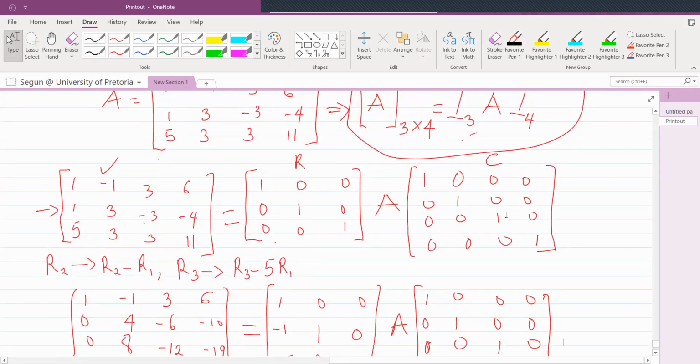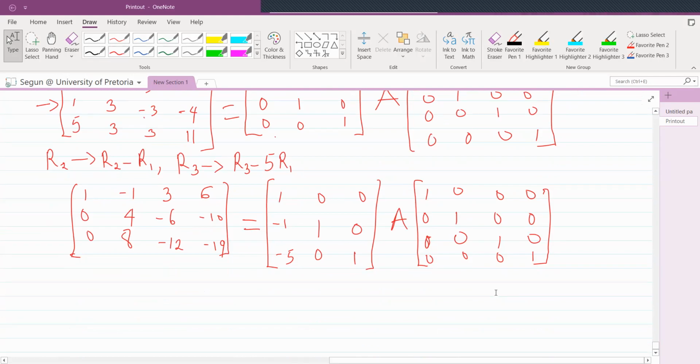Now, let's look at the question. Remember, we need to perform column operations. Which of the columns do we need to deal with? Remember our target is the identity matrix. So everything here, how do we turn them to be 0?